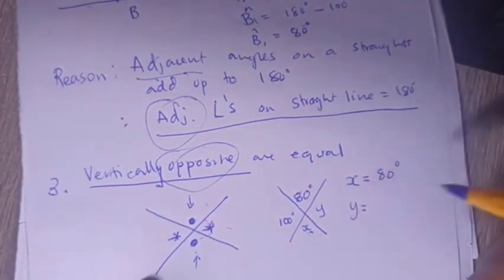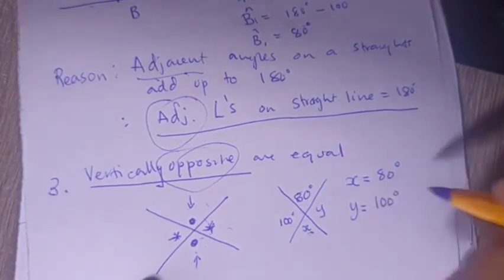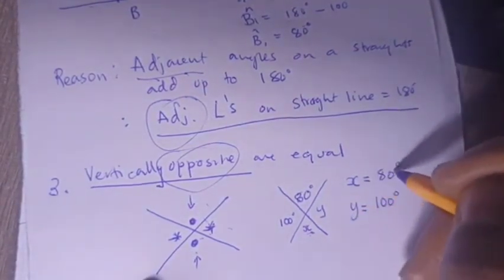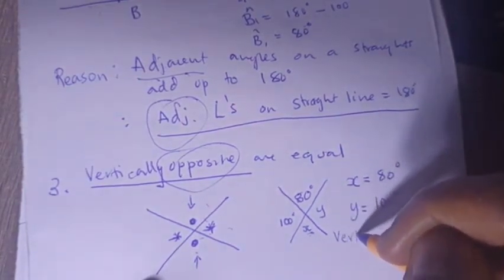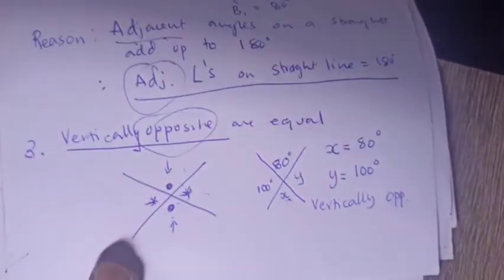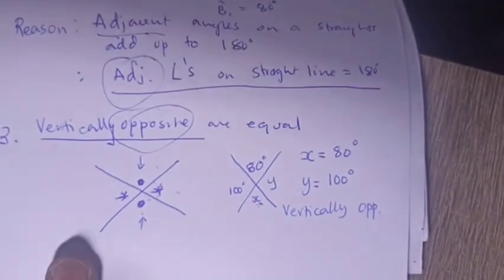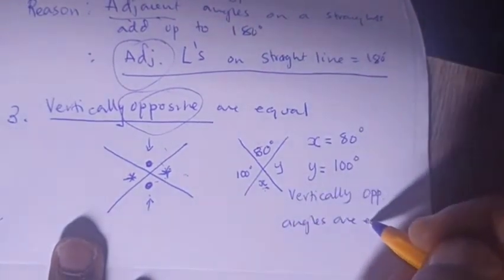Y will be how much? Y will be 100 degrees. For both of these answers, you're going to say vertically opposite. OPP means opposite. Can you see what I'm writing? Opposite angles are equal.